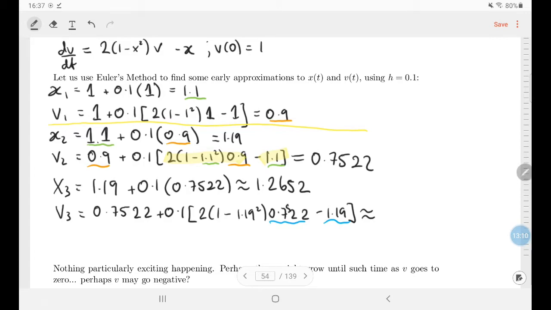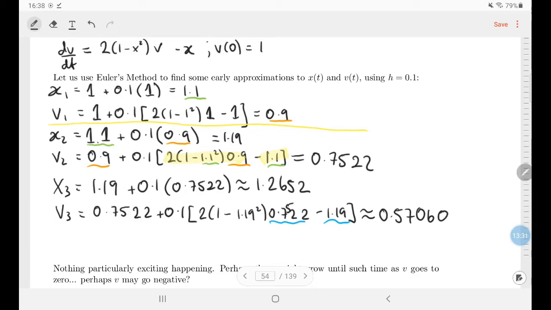This should be 7522. Syntax error. Lovely. I'm getting 0.5706, and we'll just do 4 significant figures.